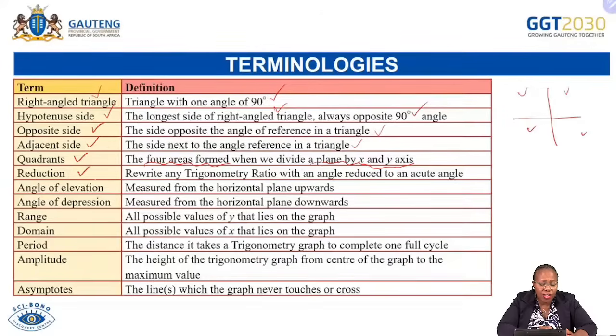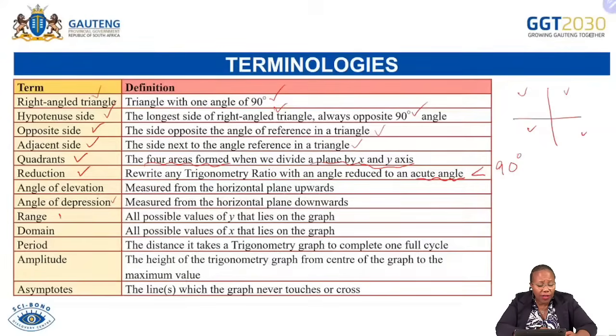And then reduction is to rewrite any trig ratio with an angle reduced to an acute angle. An acute angle is an angle that is less than 90 degrees. An angle of elevation is measured from a horizontal plane upwards. An angle of depression is measured from a horizontal plane downwards.